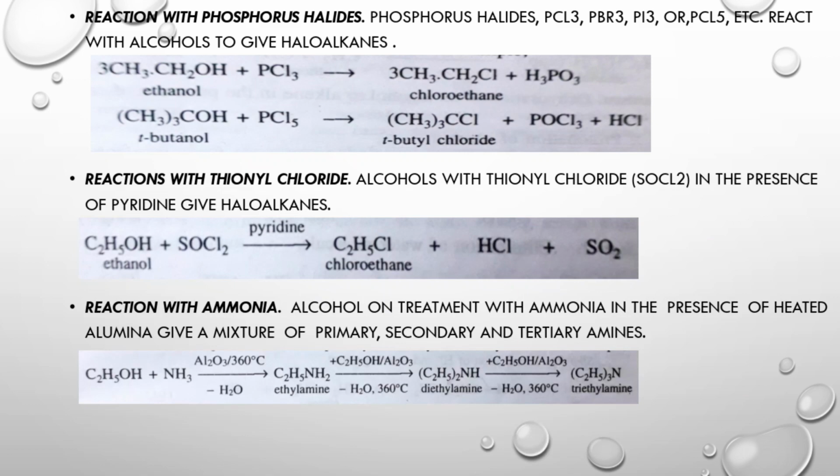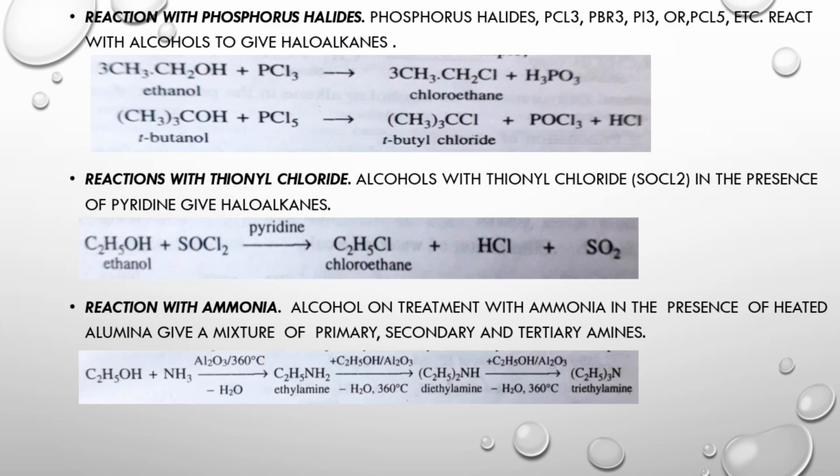And similarly, tertiary butanol, (CH3)3COH, on treating with PCl5, phosphorus pentachloride, gives (CH3)3CCl, tertiary butyl chloride, plus POCl3 plus HCl.